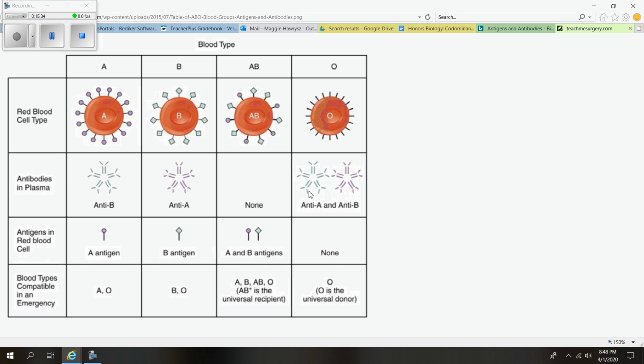So it's called the universal donor. In cases of an emergency, blood type A or O can be given to a person with blood type A, and so on. You can kind of see that on the picture here. The antigens and the antibodies can't interact in a way that causes clumping. That's a bad thing.